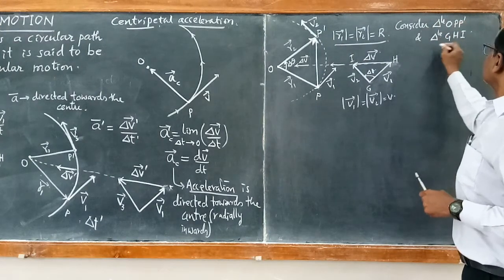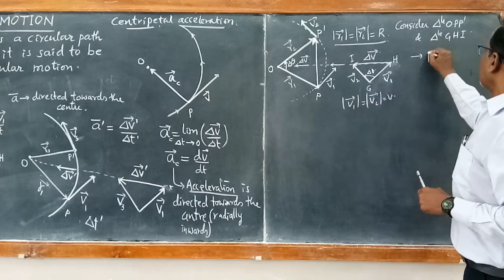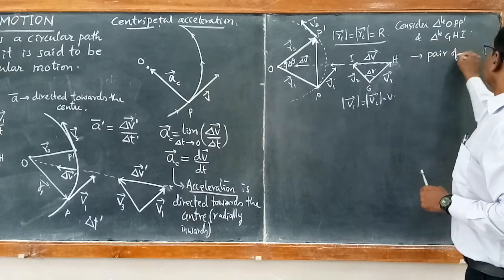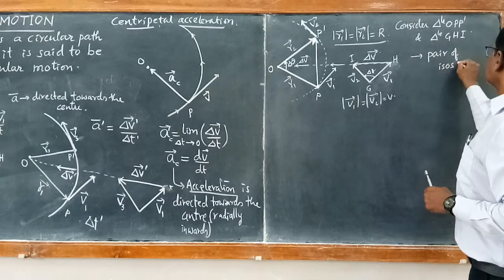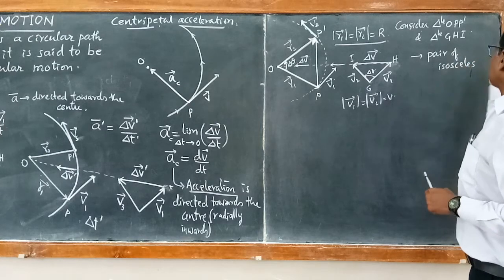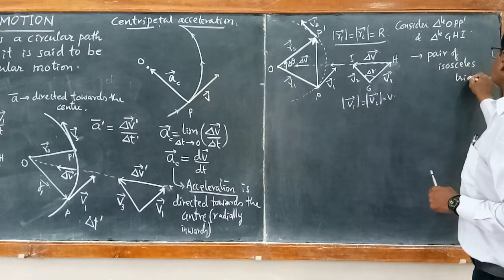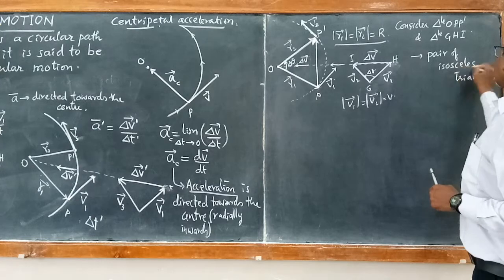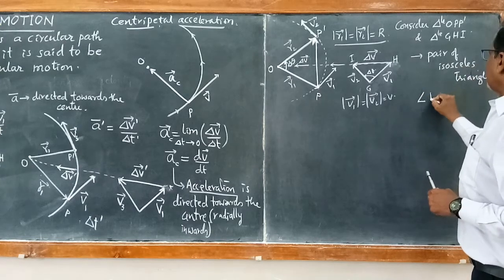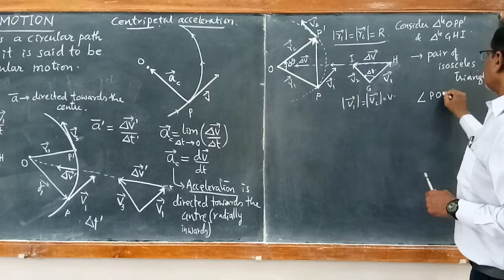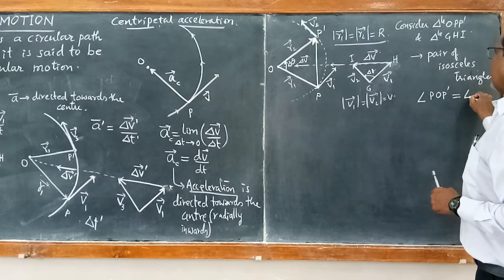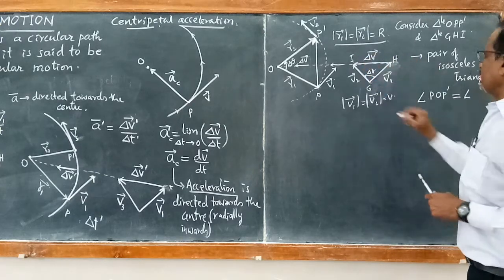Consider this pair of isosceles triangles. Angle POP' is equal to angle HGI.